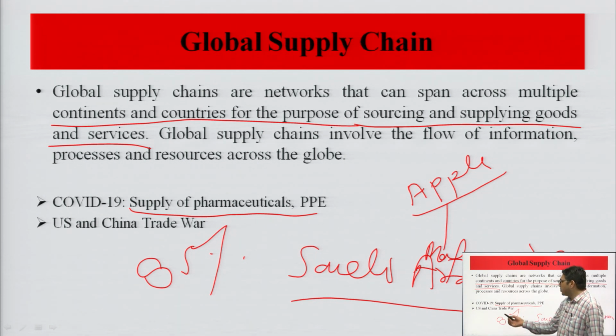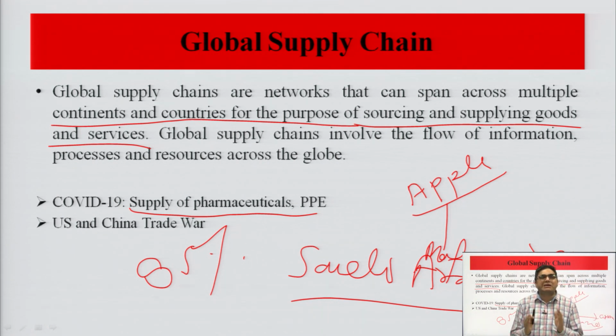Next, it is about the USA and China trade war, where several goods were in scarcity. Even the United States of America under the Donald Trump regime put certain sanctions on Iran, and Iran was not in a position to supply its oil to India and several other countries.